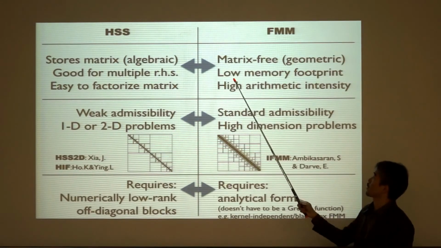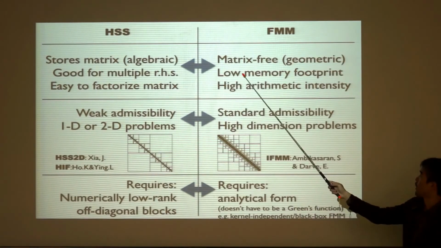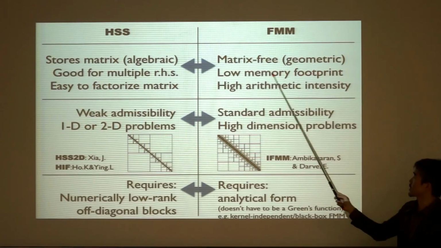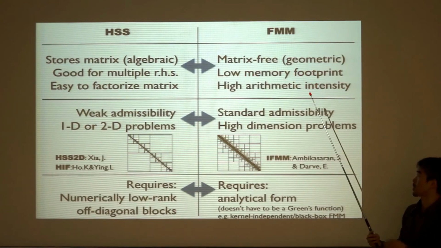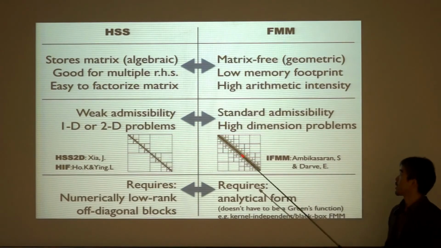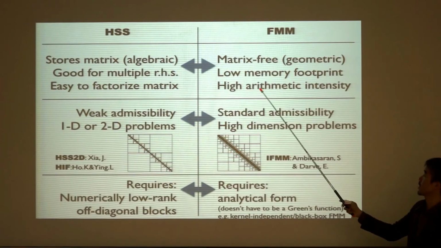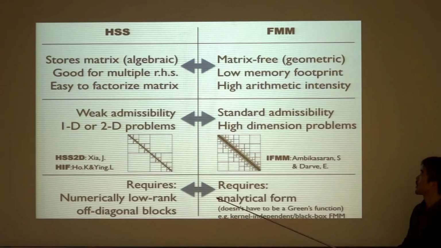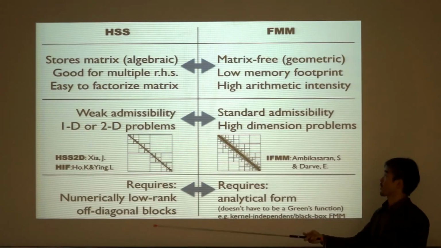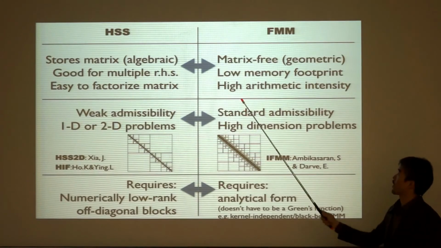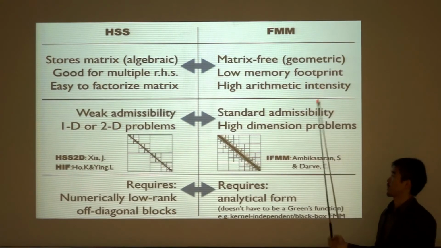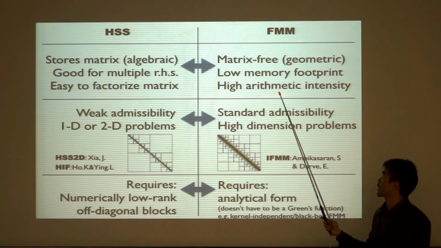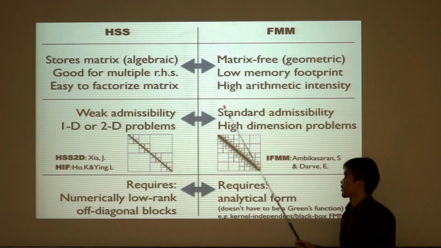You just hold them one element at a time. So it has low memory footprint, so you can handle potentially much bigger problems. And then it has higher arithmetic intensity. So if you're calculating on GPUs that prefer higher arithmetic intensity, then these will give you more flops, basically, because they'll be compute bound on your GPU.